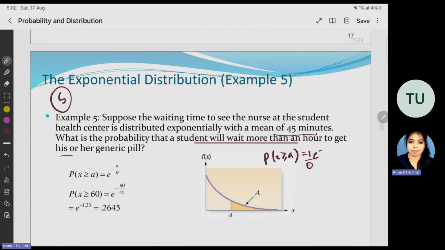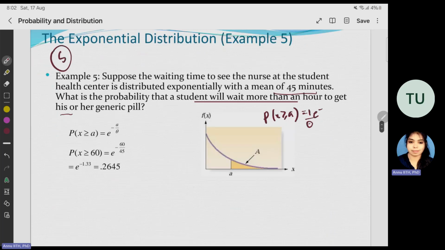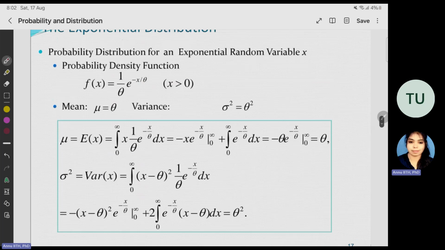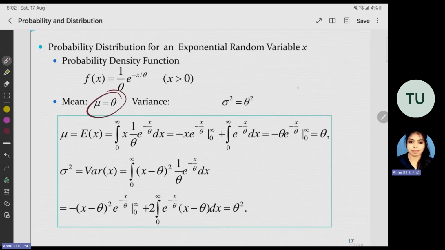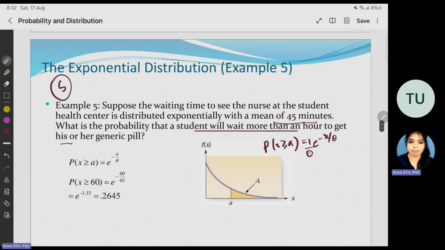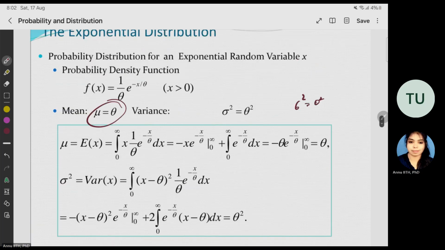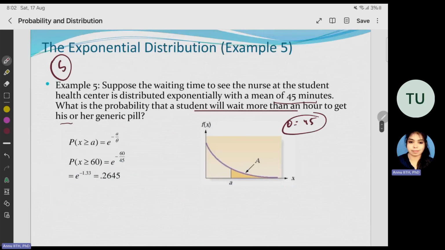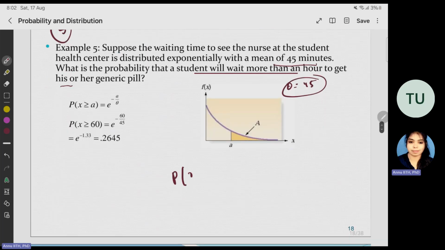Here the theta itself is the mean, and sigma square is theta square. The mean is given as 45, so theta is nothing but 45.